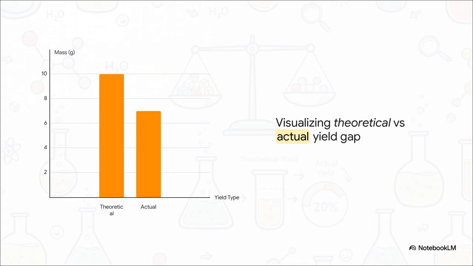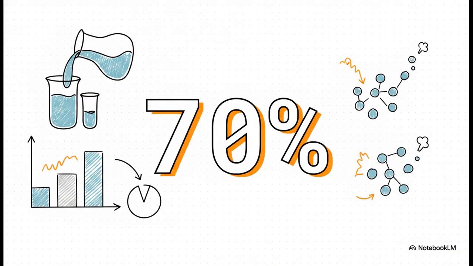That gap literally represents the physical mass that was lost to spills, incomplete reactions, or side reactions. So, doing the math, when we plug those numbers into our formula, 7 divided by 10 times 100, we get an efficiency of 70%. That stark physical gap translates exactly to a 30% loss during the physical process. You only captured 70% of what was theoretically possible.